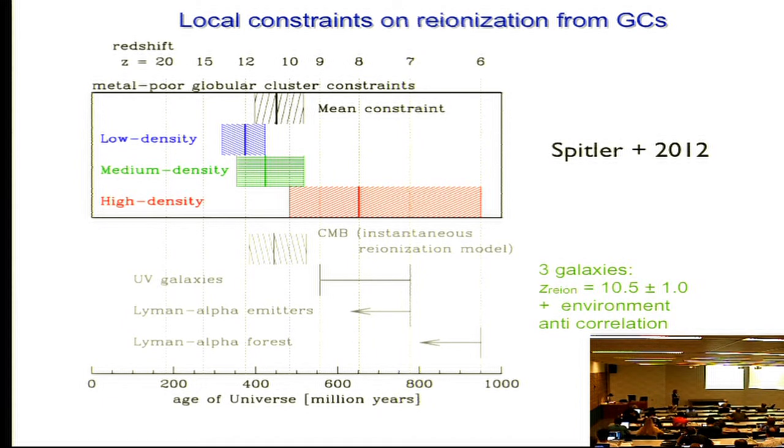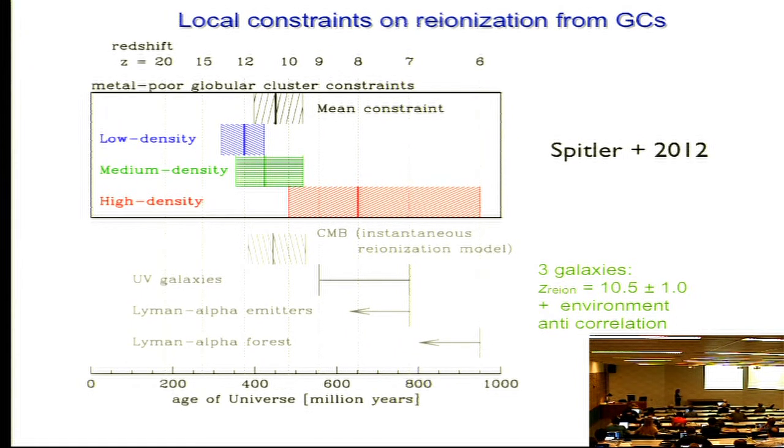But the interesting thing is you take the mean constraint from those different galaxies that we've been able to study so far, and it's almost identical to the constraint you get from the cosmic microwave background. But interestingly, there's a density dependence on this result. So there's a trend from low density to high density environments here.